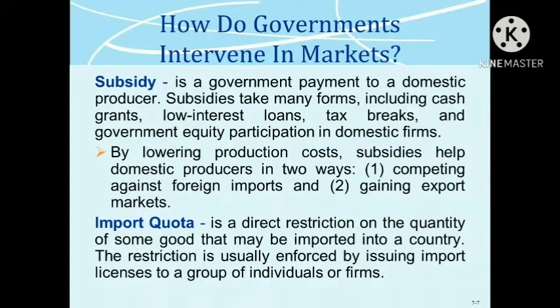A common hybrid of a quota and a tariff is known as a tariff rate quota. Under a tariff rate quota, a lower tariff rate is applied to imports within the quota than to those over the quota. For example, an ad valorem tariff rate of 10% might be levied on 1 million tons of rice imports into the Philippines, after which an out-of-quota rate of 80% might be applied.